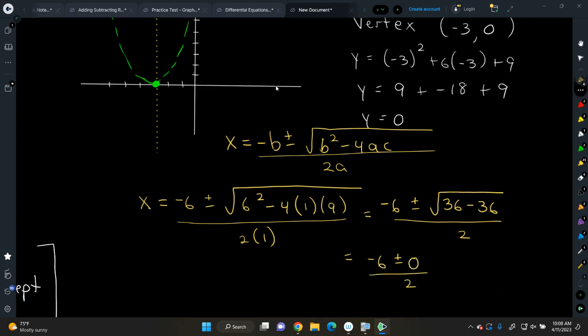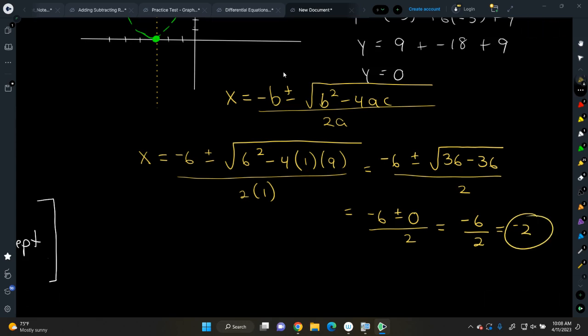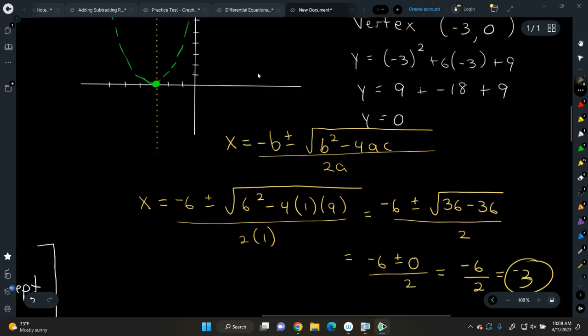So what do you notice about that? It's plus or minus 0, so we actually only have one answer. Okay? And that one answer, whoops, that's a 3, not a 2. That one answer is where it crosses the x-axis.